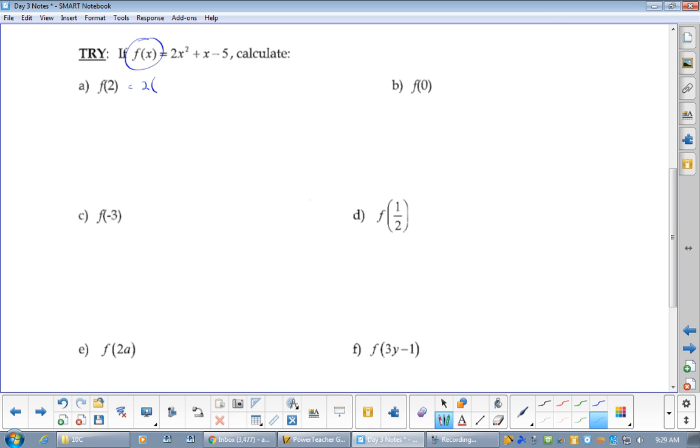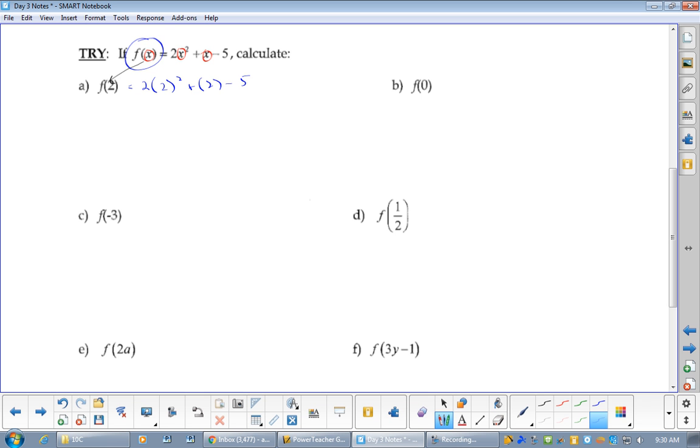Do you see how there's an x here, here, and here? If I take x and I replace it with 2 on here, I'm going to do the same thing on the other side. But always, always, always do it in brackets. Okay? See, wherever there was an x, I put a 2.